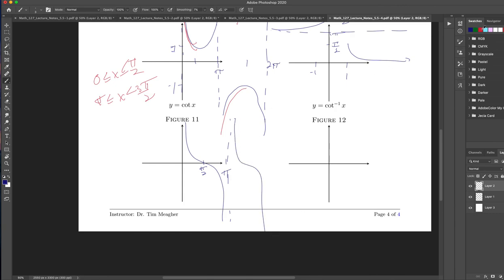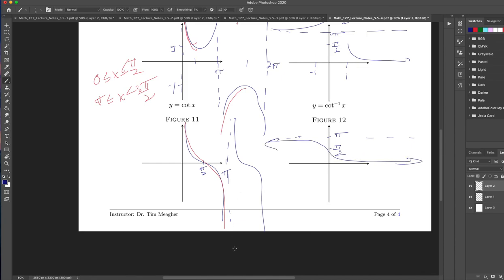When we restrict the domain, we're just going to do it between 0 and pi. And so when we draw this, it'll look like here at pi, it comes in, dot, dot, dot, and so this will be my asymptotic line. It goes through 0 at pi over 2, comes down, and then goes out forever.